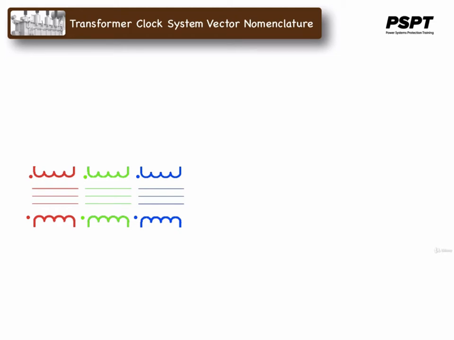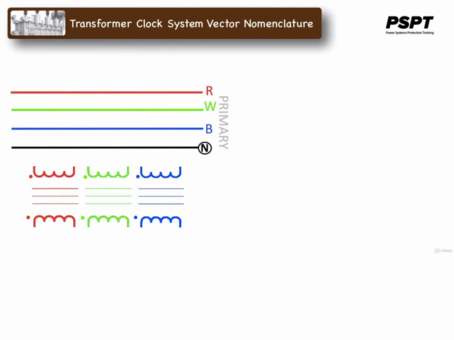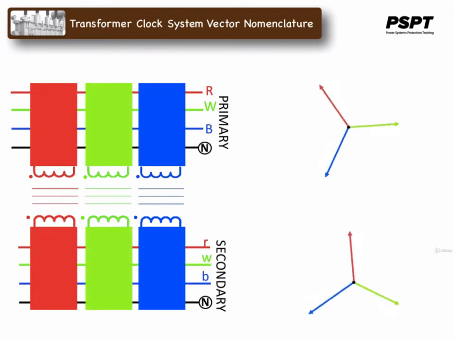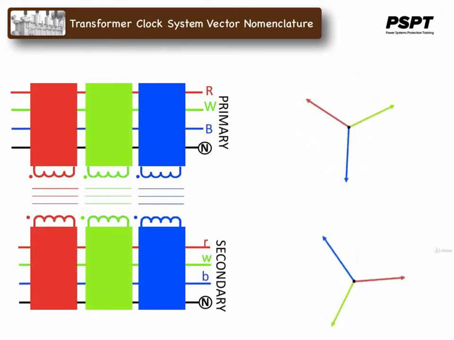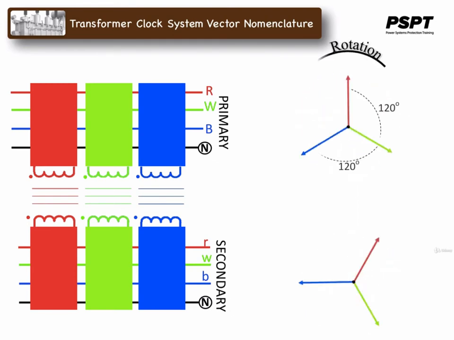With every power transformer installation, we will have a primary system connected to the primary side of the transformer and a secondary system connected to the secondary side of the transformer. For simplicity's sake, we can assume that the primary side is energized by a three-phase balanced set of voltages rotating counterclockwise and having a phasor separation of 120 degrees.